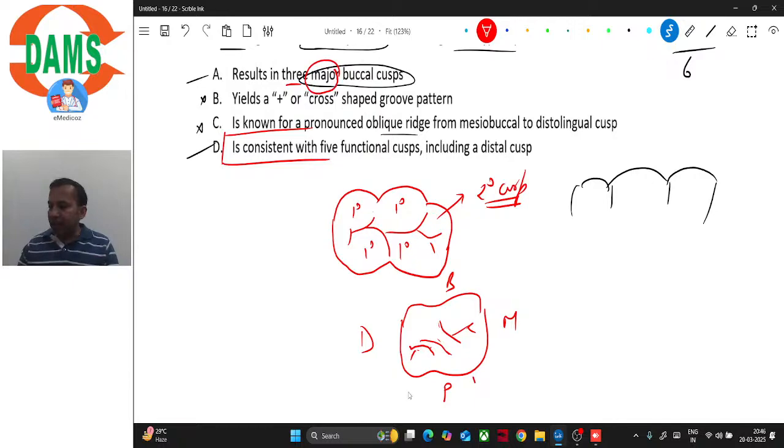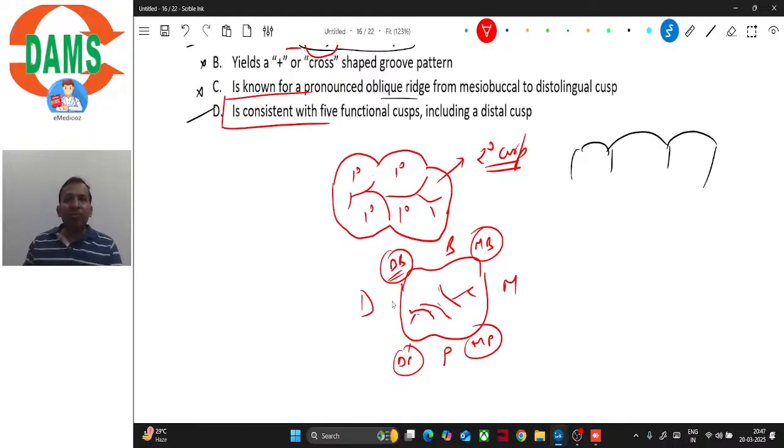Mesiopalatal cusp, distopalatal cusp, mesiobuccal cusp, and distobuccal cusp. So which cusp here is the secondary cusp in the maxillary first molar? Maxillary first molar is derived from tritubercular tooth, isn't it? Mandibular is derived from quadritubercular, and maxillary is derived from tritubercular. So it is the distopalatal cusp that is the secondary cusp here, isn't it?